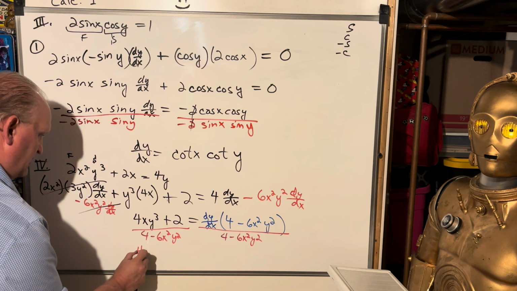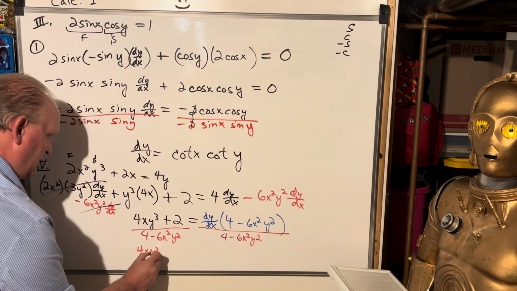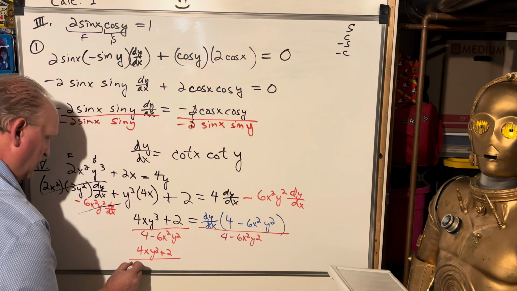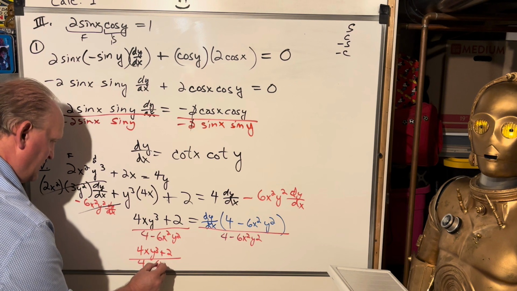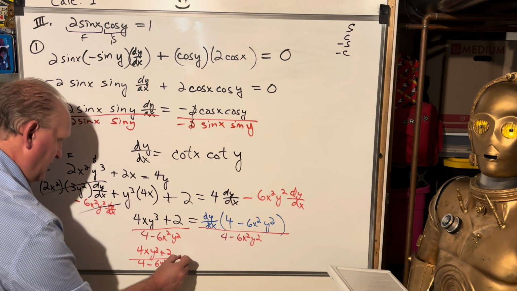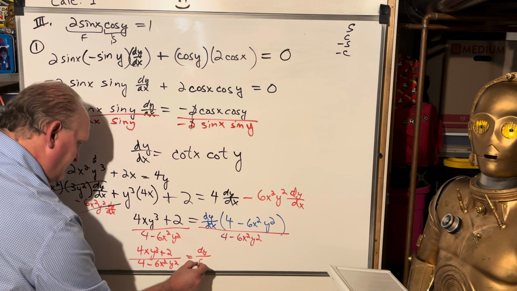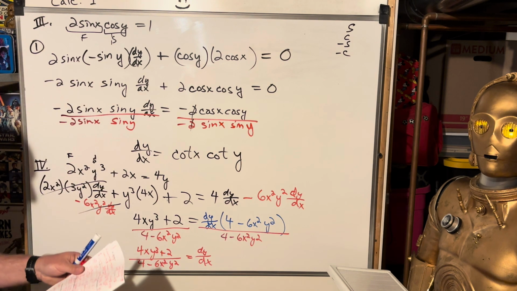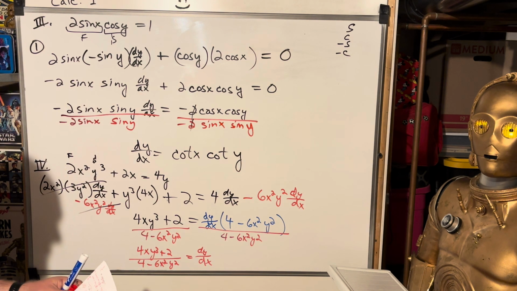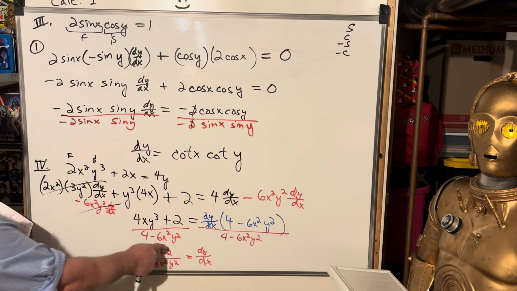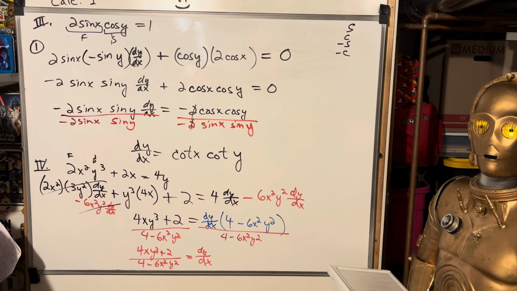And there we have our answer, 4xy cubed plus 2 over 4 minus 6x squared y squared is equal to dy dx. And let's double check that. Oh yeah, I should reduce it by a factor of 2. I could factor 2 out of there, I could factor 2 out of there.